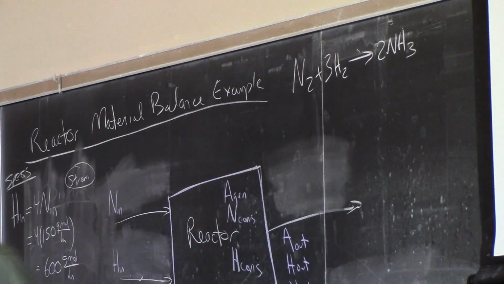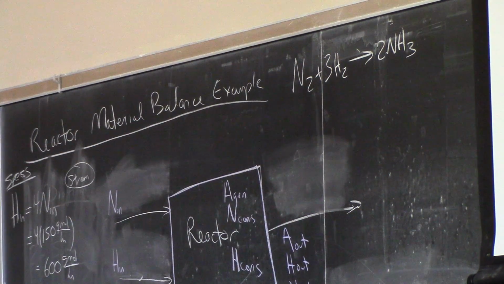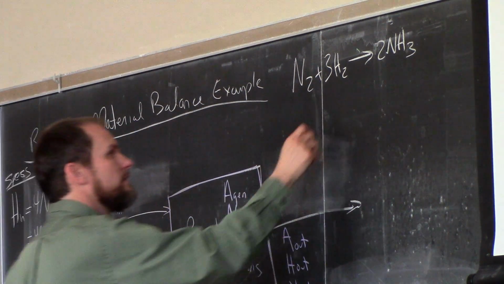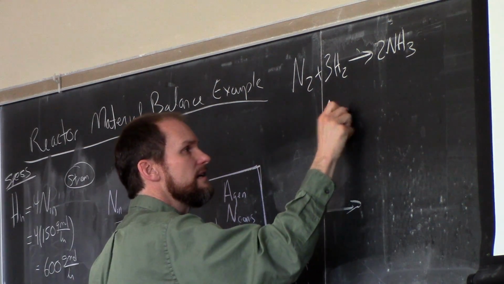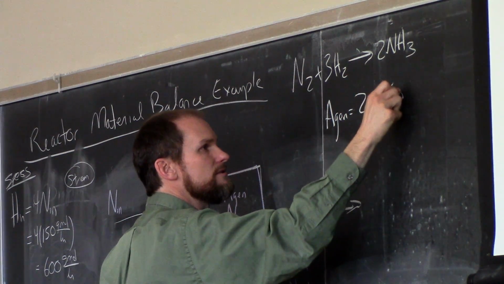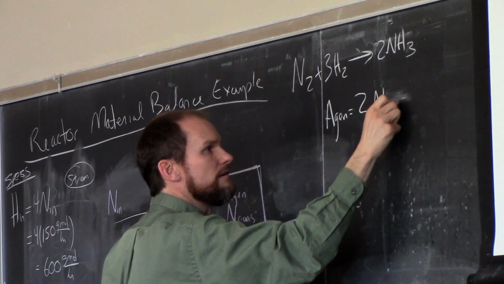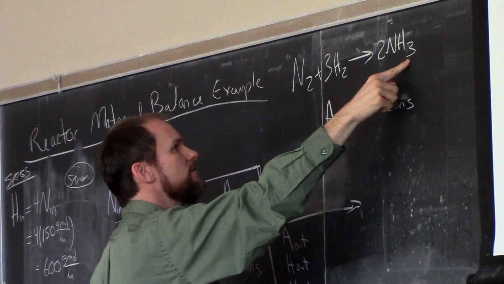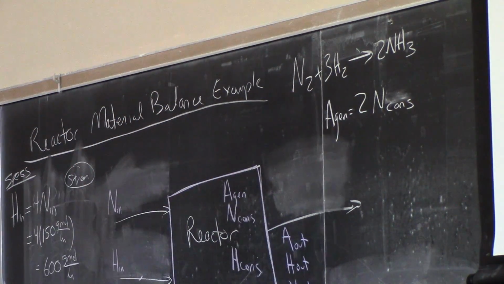Anish, can you give me a couple equations? A gen equals 2 times N consumed. 2 ammonia is generated for every nitrogen consumed. Give me another equation.